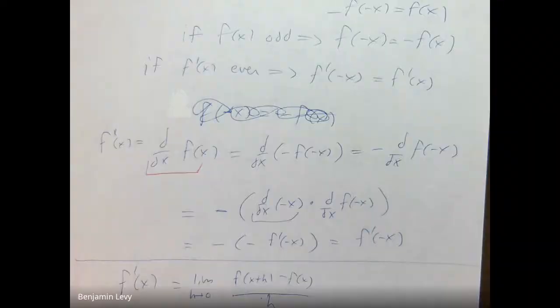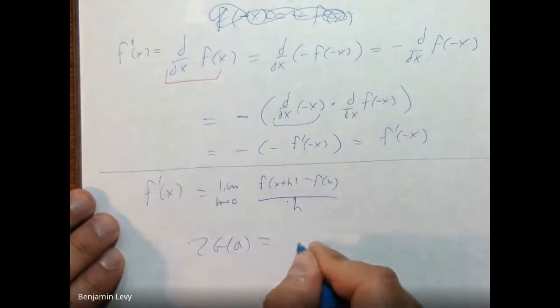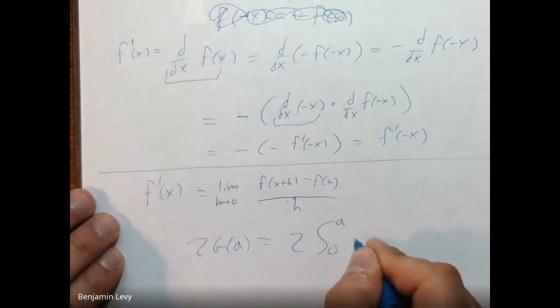Since we got a G of A minus G of A, in this one I got a G of A plus a G of A. So it's just 2G of A. And then 2G of A equals 2 times the integral from 0 to A of little f of x. Yeah, okay, cool.